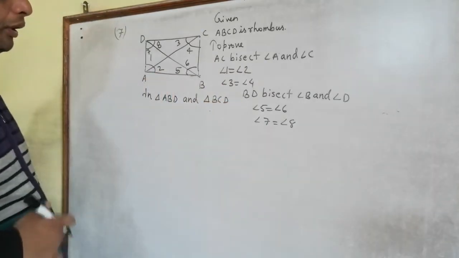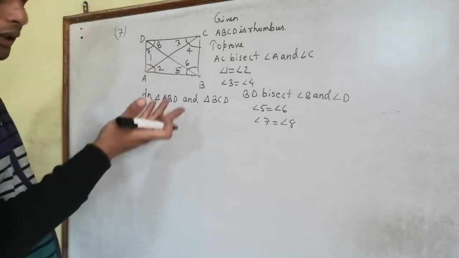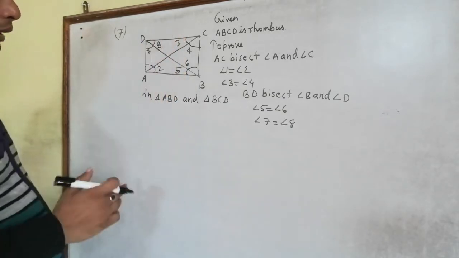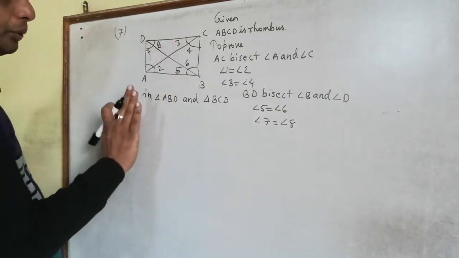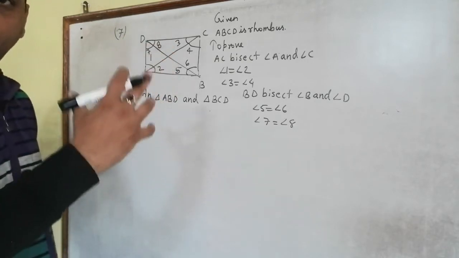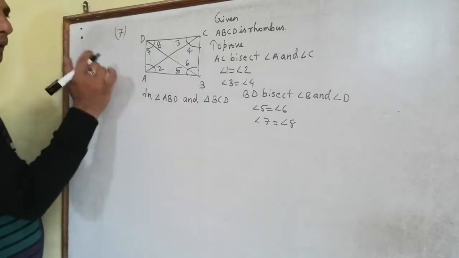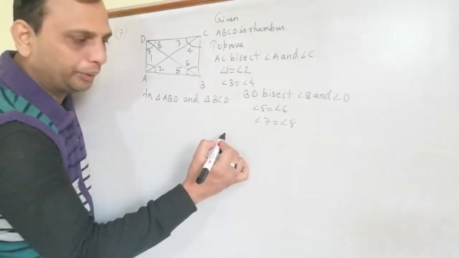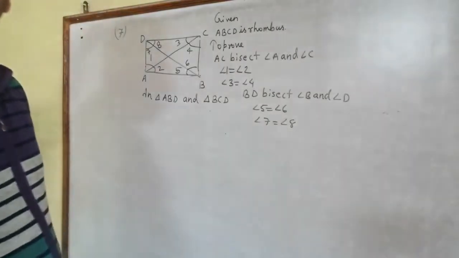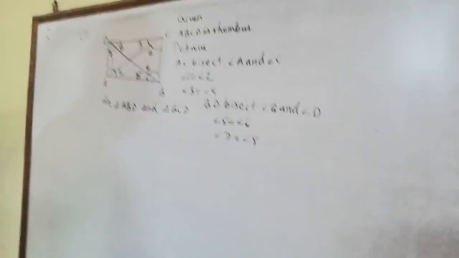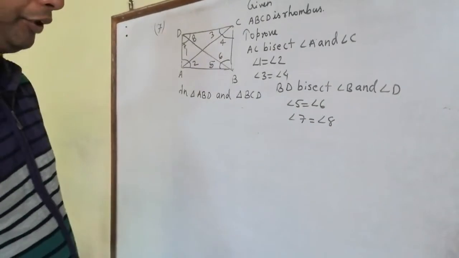If you have confusion, you can do one thing. You can make another figure. Means you make the same figure. If this is getting very compact, you can make another figure for this one. Otherwise, this figure is okay. I am going to show you how to make it.